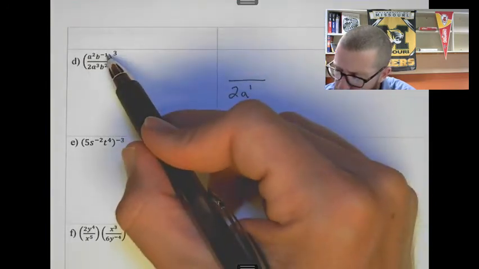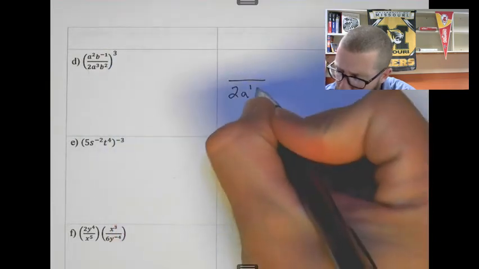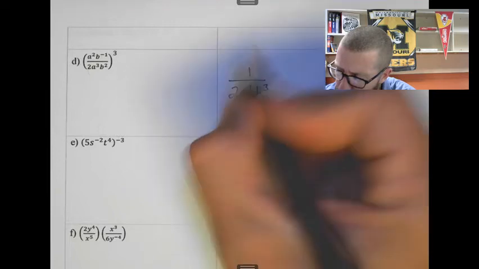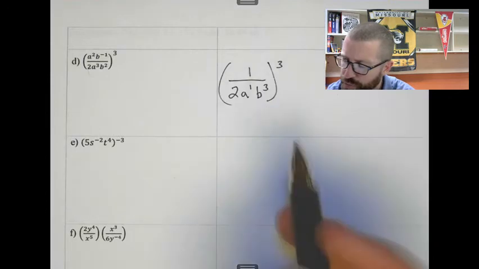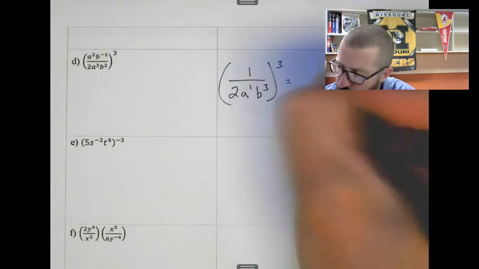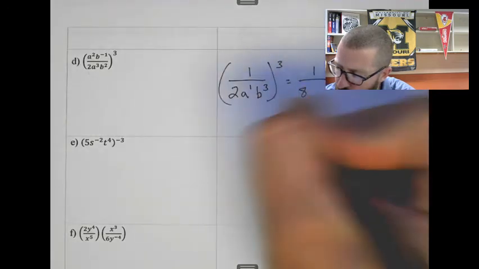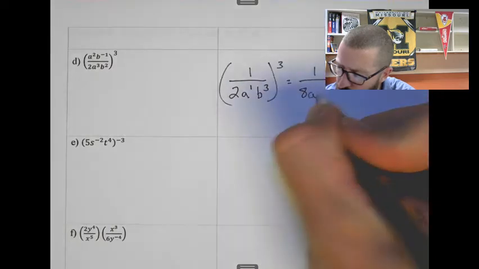And then if I move b to the first down and then add it to 2, that's b to the third on bottom. So my top is now gone, and it's raised to the third power. And now I just need to raise everything to the third power. So 1 to the third is 1, 2 to the third is 8, and then 1 times 3 is 3, and 3 times 3 is 9.